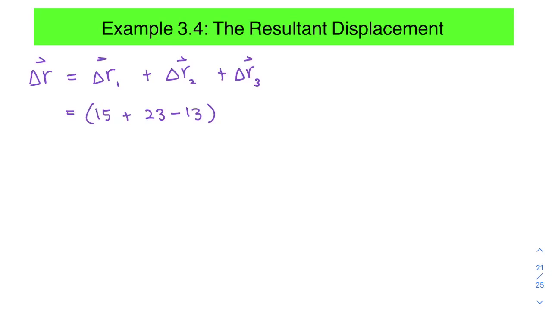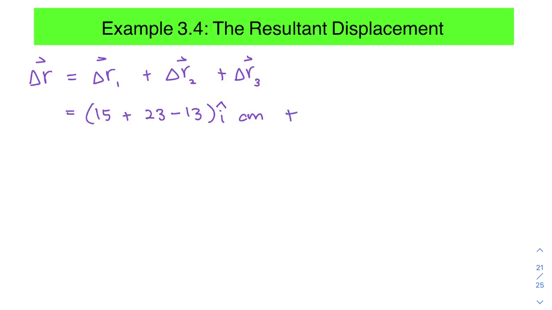To solve this one, first to have the idea of what's going on, we want to find the resultant R, where it's actually the combination of delta R1 plus delta R2 plus delta R3, all of it vector. Okay, where for the i information, it's 15 plus 23 minus 13, all of this in terms of i, centimeter, SI unit.